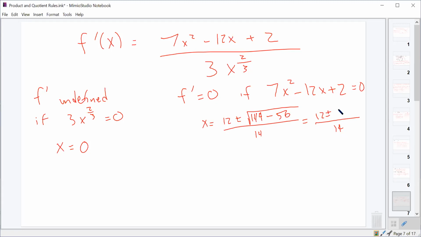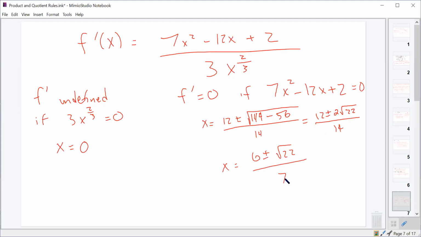And 88, if I simplify that, ought to be 2 root 22. Hopefully. And we can divide everything in there by a 2. So we get x equals 6 plus or minus root 22 over 7.